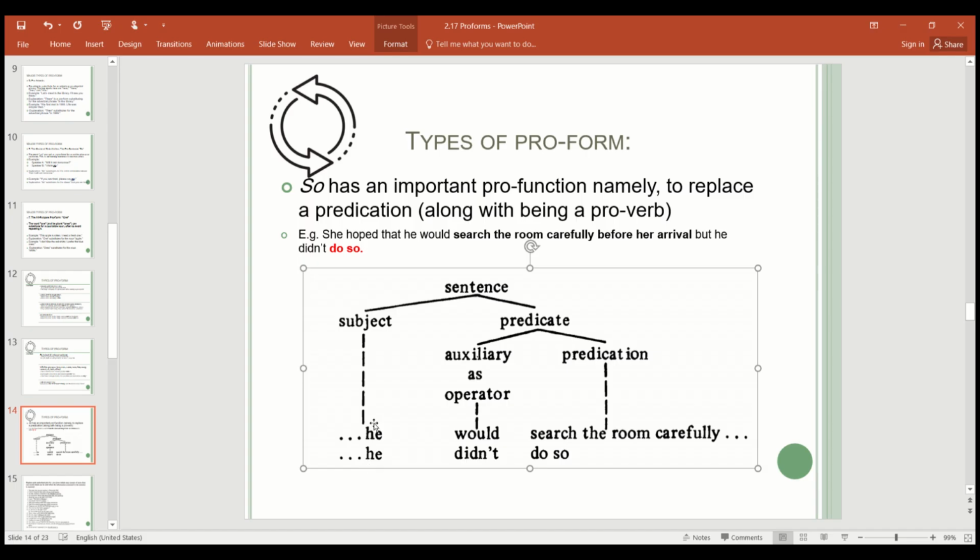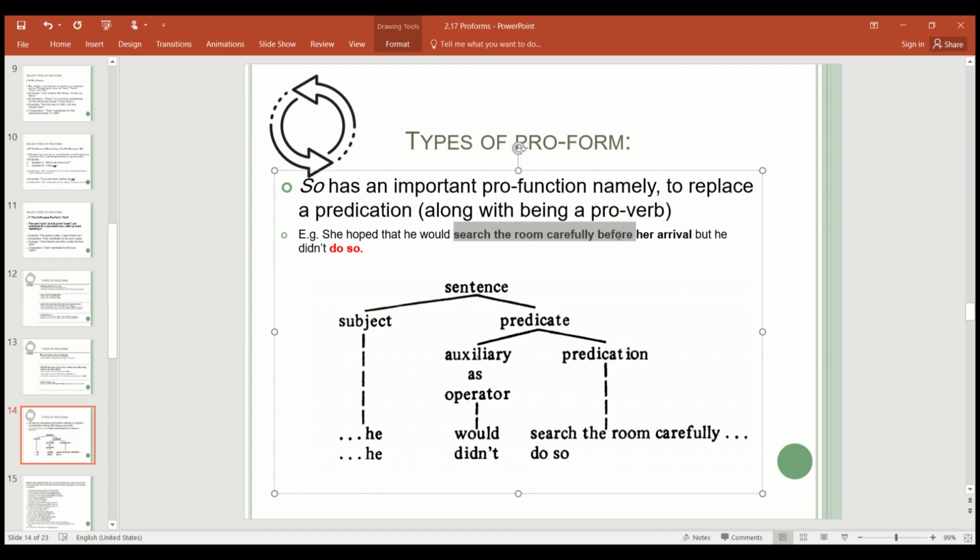So he is the subject, would is the auxiliary, and we have search the room carefully before her arrival, where search the room carefully is the predication of the second clause.